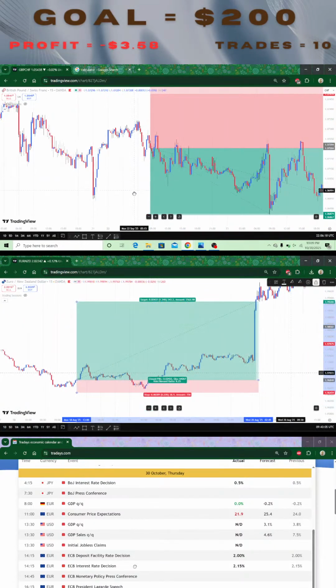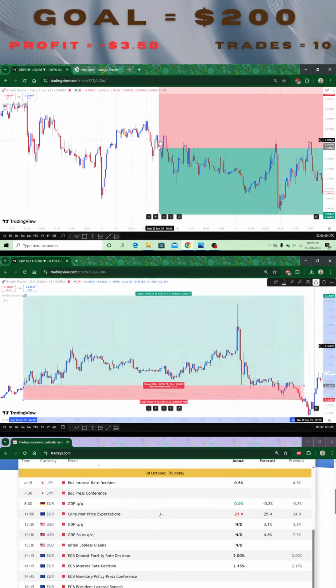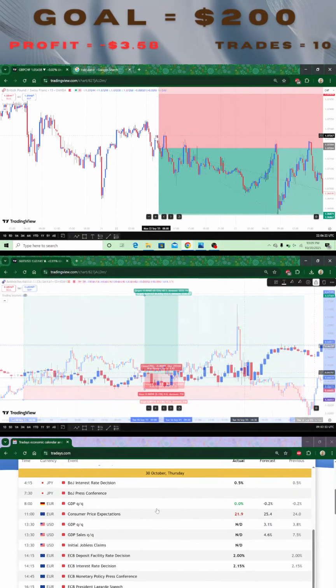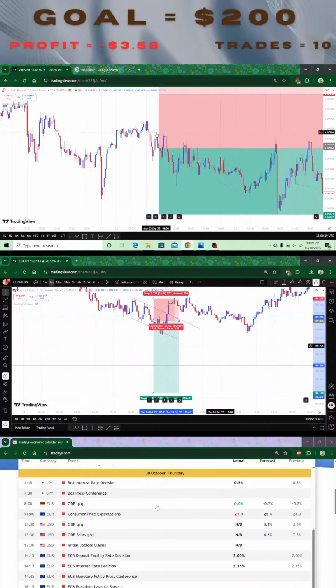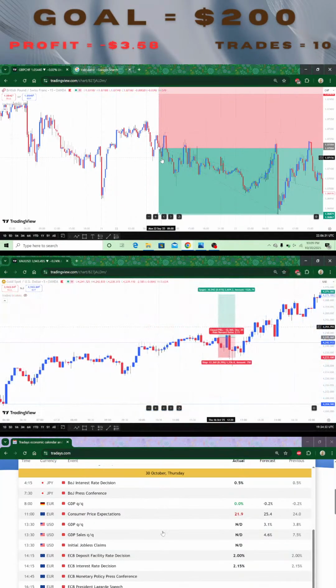Despite the fact that this was the trigger, the previous high was this one, which was responsible for this.